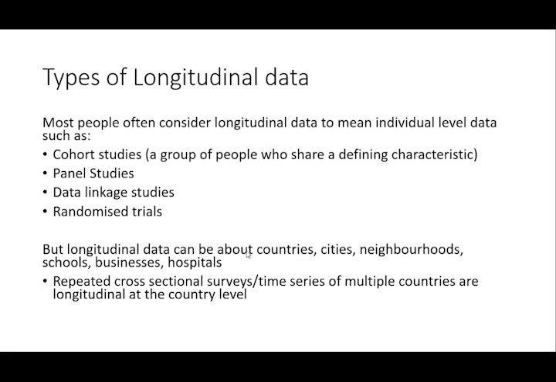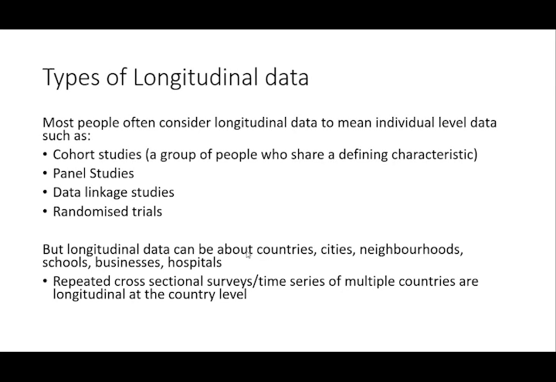But I think it's also important to remember that longitudinal data is not just about individuals. If you're interested in other units of analysis, countries, cities, neighborhoods, schools, businesses, hospitals, I'm sure there are many more things, you can also have longitudinal data on these. So for example, repeated cross-sectional surveys or time series of multiple countries can be longitudinal at the country level.